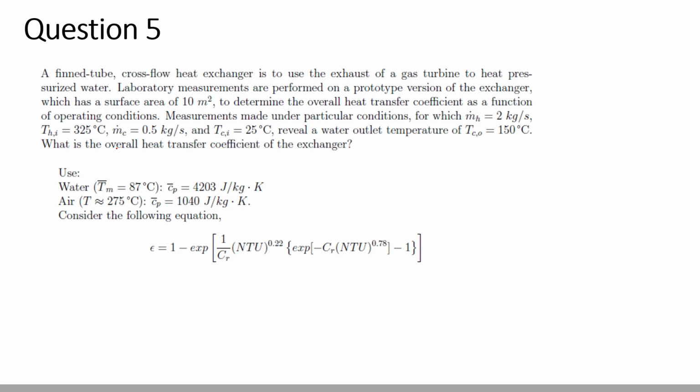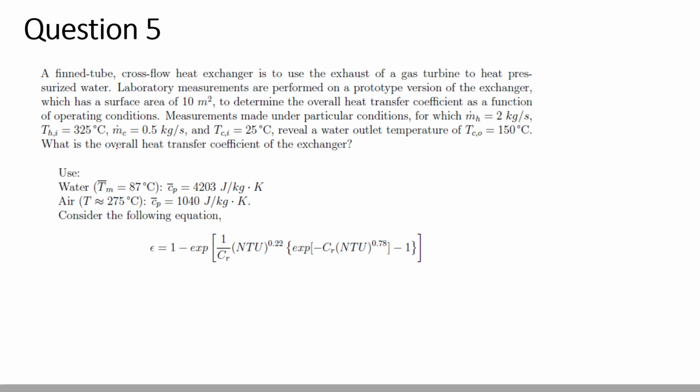Measurements are made under particular conditions for which m dot h is equal to 2 kg per second, Thi is equal to 325 degrees Celsius, m dot c is equal to 0.5 kg per second, and Tci is equal to 25 degrees Celsius. And they reveal a water outlet temperature of Tc0 equal to 150 degrees Celsius.